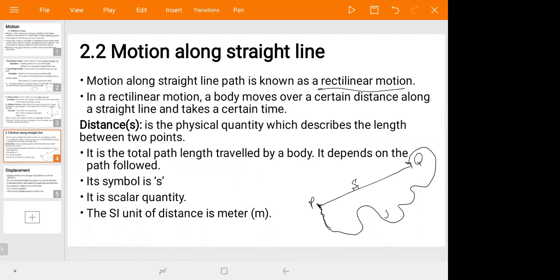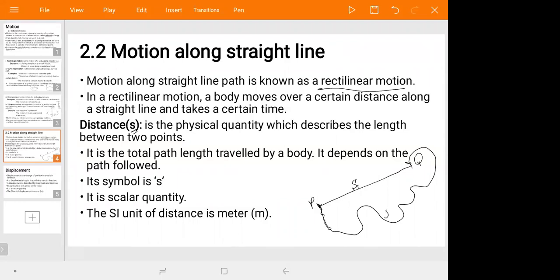Therefore, it depends on the path followed. That means it is the total path length traveled. And the symbol of distance is S. Instead of writing distance, you write S.